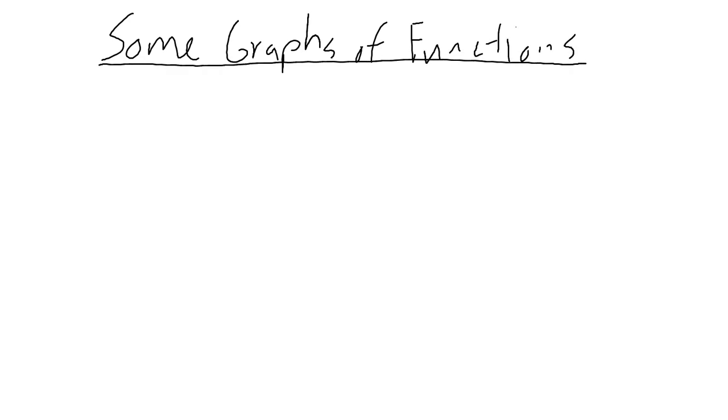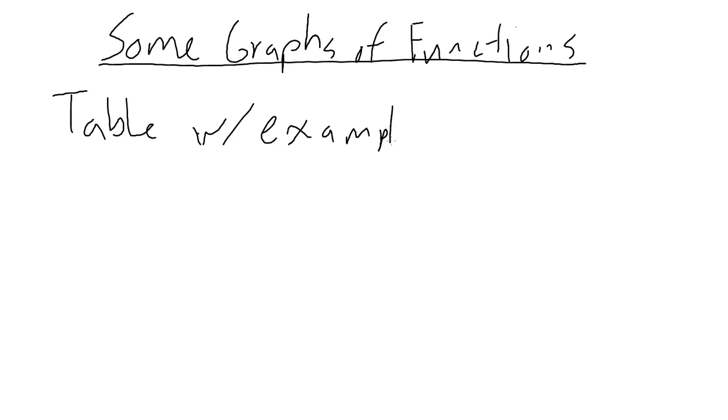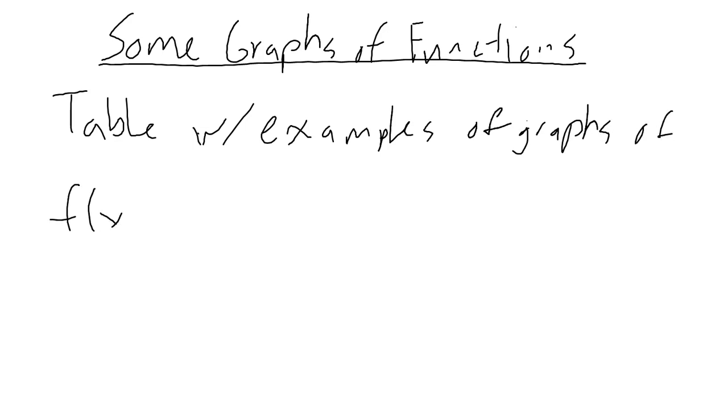And then this is a section that's included in the book, and I urge you guys to look at it. It's a table with examples of graphs of things like f of x equals mx plus b, so like a linear equation, like the power function, a root function.